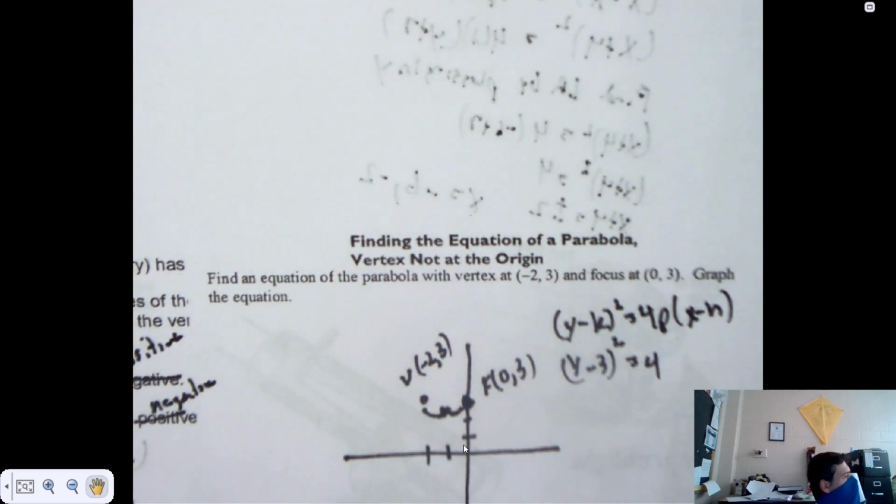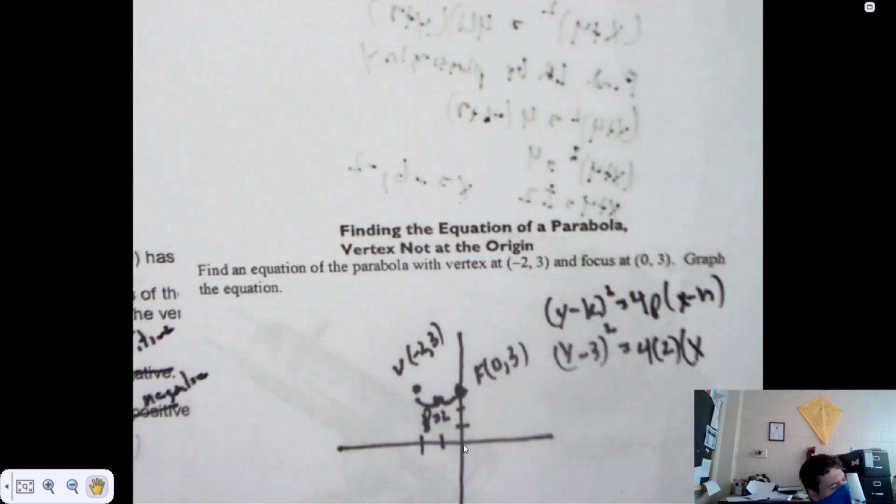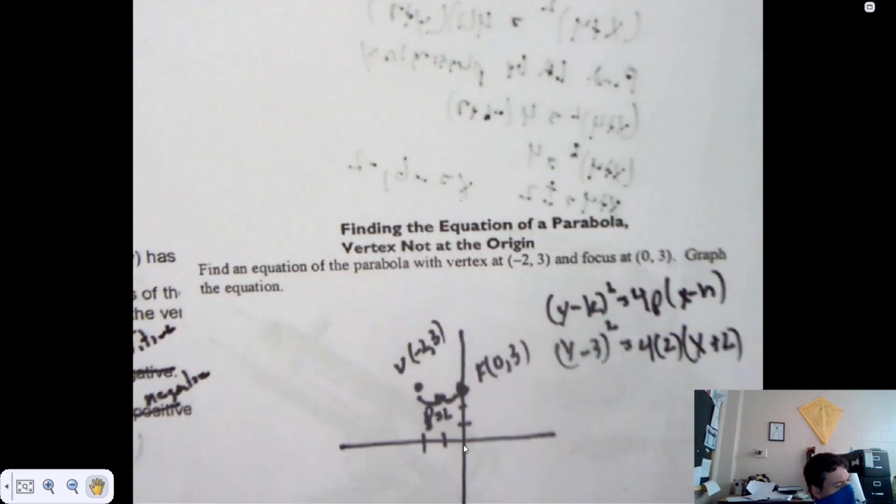What is p? -2. Oh, no, it's +2. Because it's opening how? To the right. And then x plus 2. So here's your equation, kids.